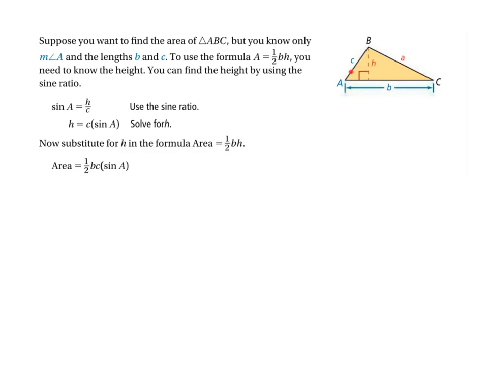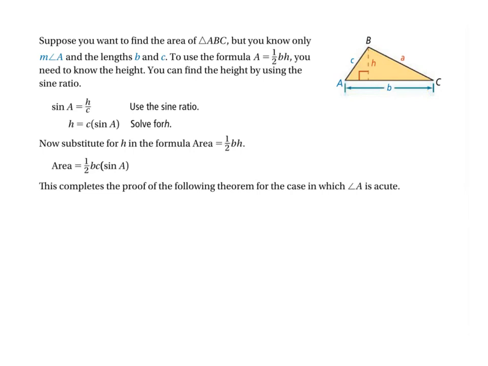Again, sine is opposite over hypotenuse, h over c, and solving for h you multiply both sides by c and get the height is c times sine A. And that's what goes in for height.